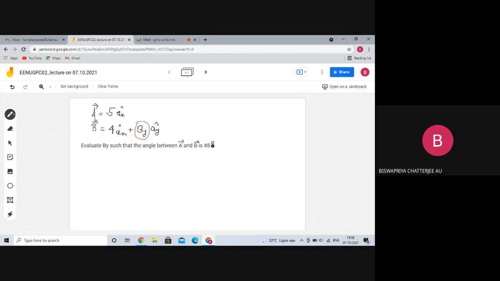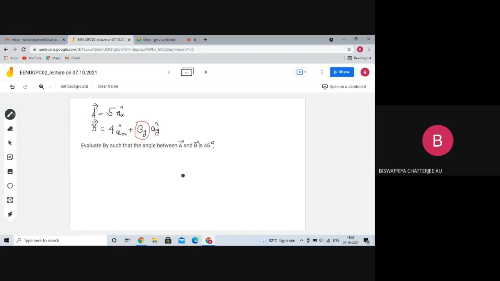This is the statement of the problem. A is equal to 5ax and B is equal to 4ax plus by ay. So evaluate by such that the angle between these two vectors is 45 degree.